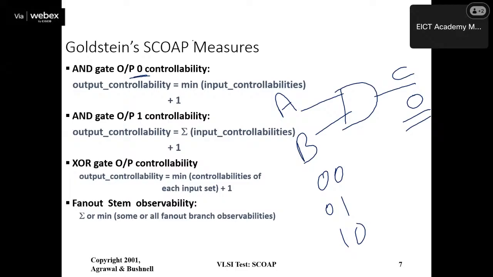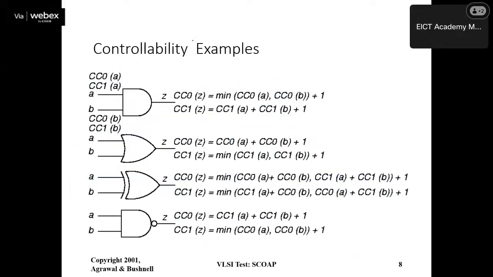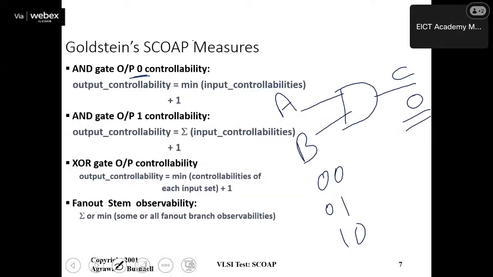So it means I have to put my CC0, combinational controllability 0, at the C branch, given by the minimum of... what is my job? Either A or B is expected to be 0.